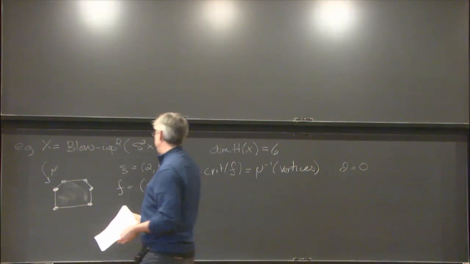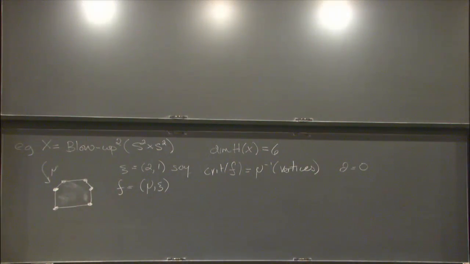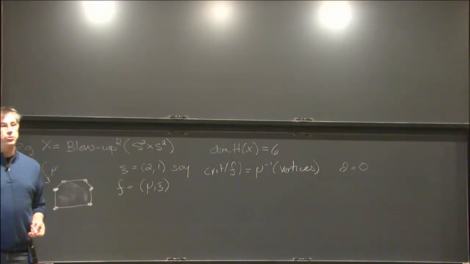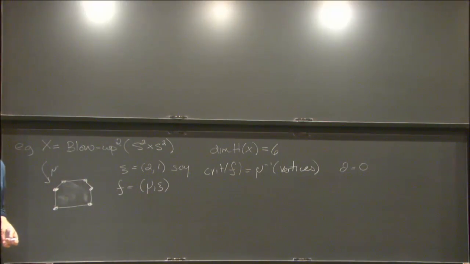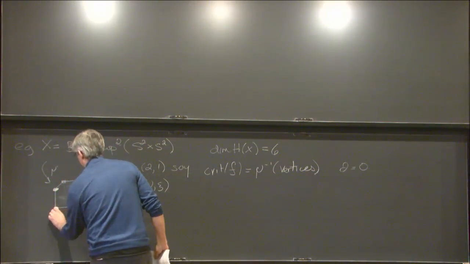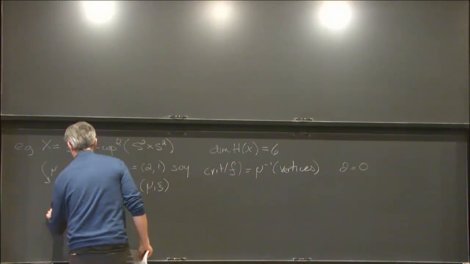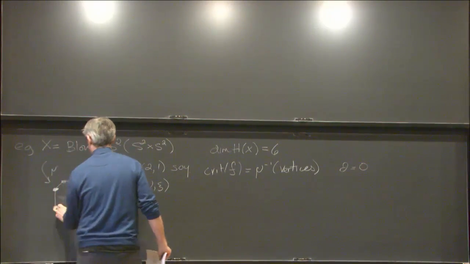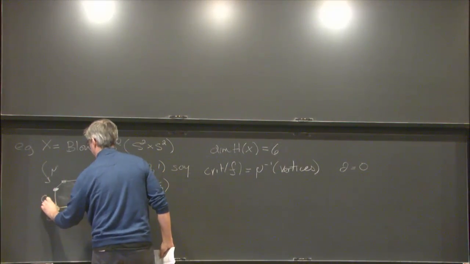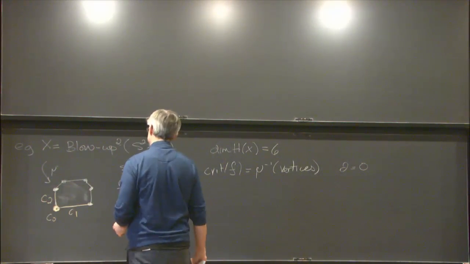And so you get a basis. Even if you look at this a little bit more closely, the way you would get the basis is you would just take the closures of the unstable manifolds for the Morse function here. So for this one, the unstable manifold would just be a point. And then you would get, so this would be my first cycle, my second cycle, my third cycle.